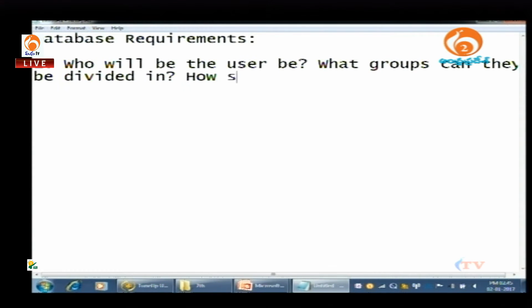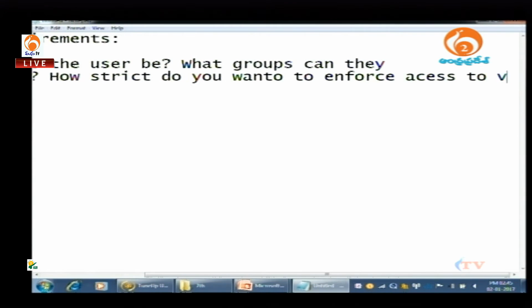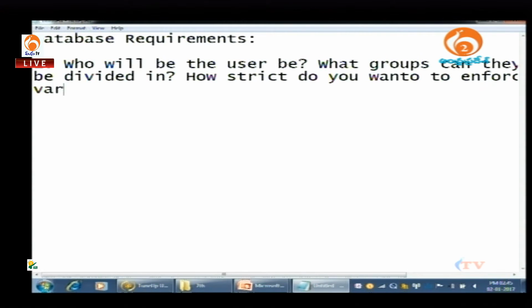How strict do you want to enforce access to various parts of the application?